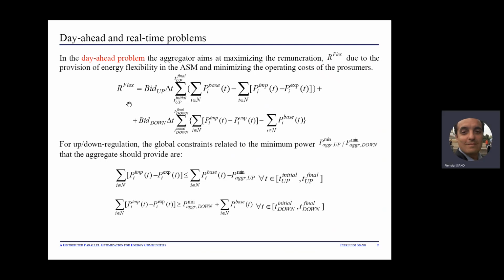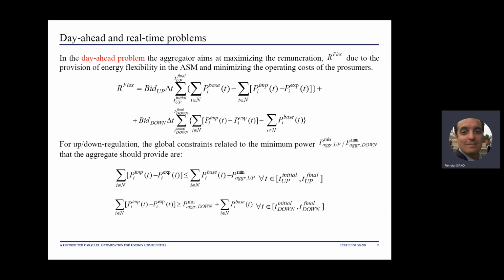For up and down regulation, the global constraints related to the minimum power that the aggregator should provide are shown in these two equations, where the provided flexibility is related to the baseline of the aggregation that is calculated as the sum of the power profiles of the prosumers, considering that the batteries use a native control strategy for improving self-consumption.